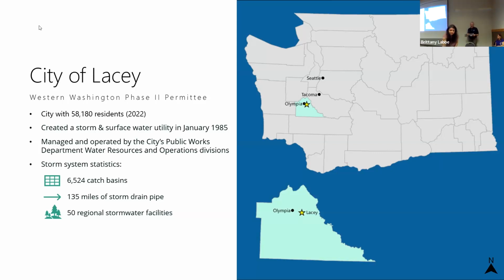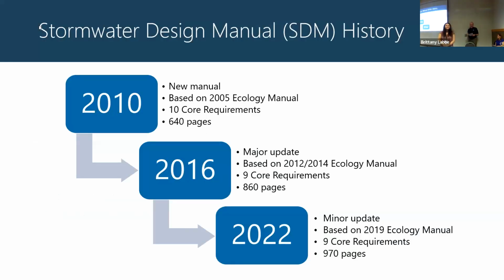So a little on the history of our Stormwater Design Manual. Prior to 2010, we were functioning under a 1994 regional manual. And so it was due for updating at the time that the phase 2 permit came into effect. And so in 2007, we started developing our own version of the Stormwater Manual. And in January 2010, we adopted our first Stormwater Design Manual, or SDM.